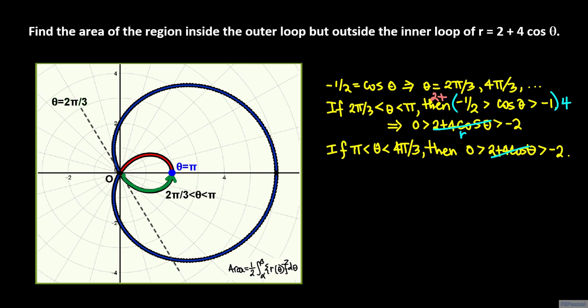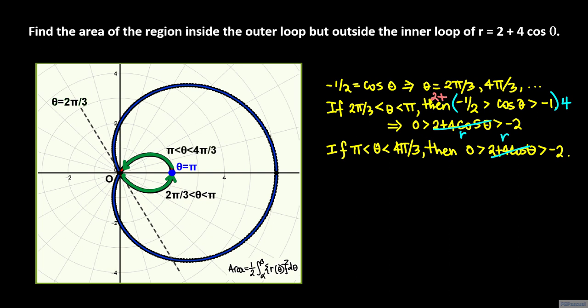And so the values of r for the values of theta strictly between pi and 4 pi over 3 will be negative. And so the portion of the cardioid corresponding to the theta interval from pi to 4 pi over 3 will not be in the third quadrant, but in the quadrant diagonally opposite across the origin from the third quadrant. This time we get the upper half of the inner loop of the cardioid.